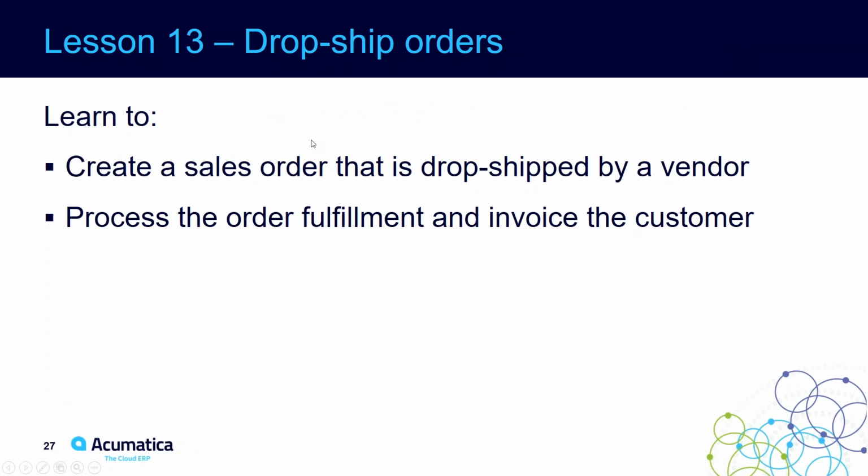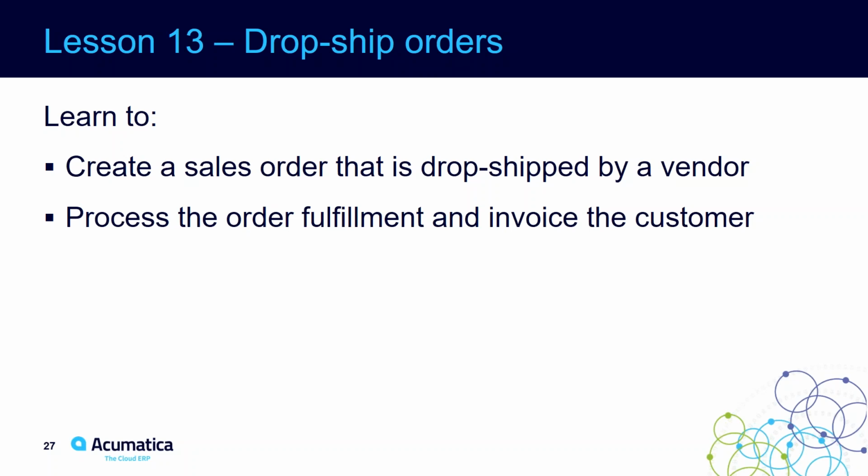And this is where our dropship orders come into play. So we are going to create a sales order that is dropship by a vendor, and we are going to process the order fulfillment and invoice the customer. So on these dropship orders, you will see that it is quite similar to the process that we just worked with.